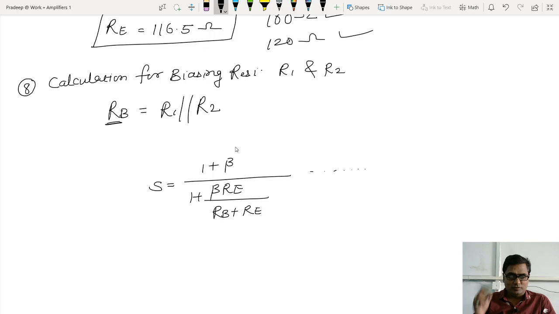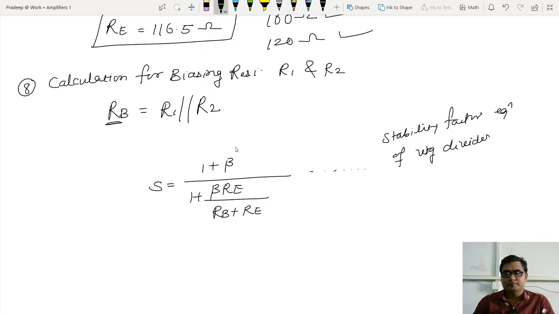This is the stability factor equation, studied from the voltage divider bias circuit. The voltage divider bias circuit is the most popular circuit for amplifiers, and from that circuit we have taken the stability factor equation.